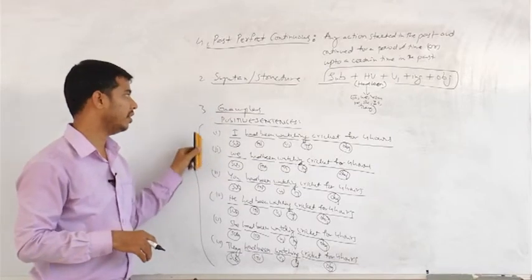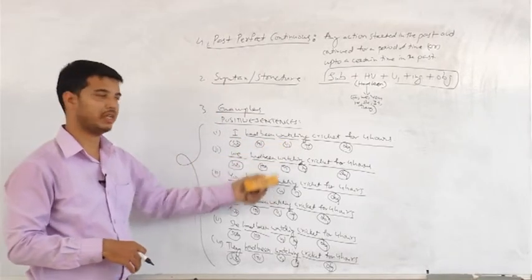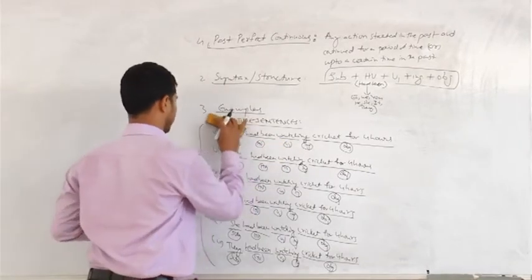Now let us see negative sentences under past perfect continuous, with the same word watch.